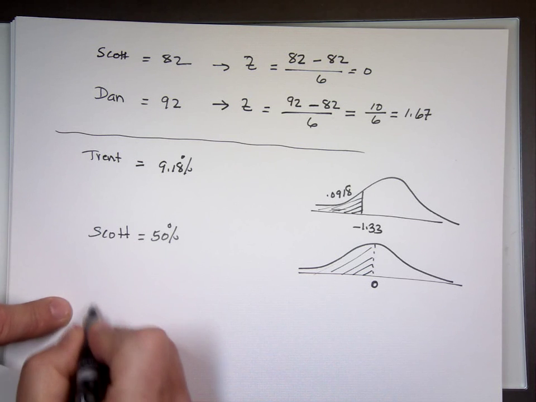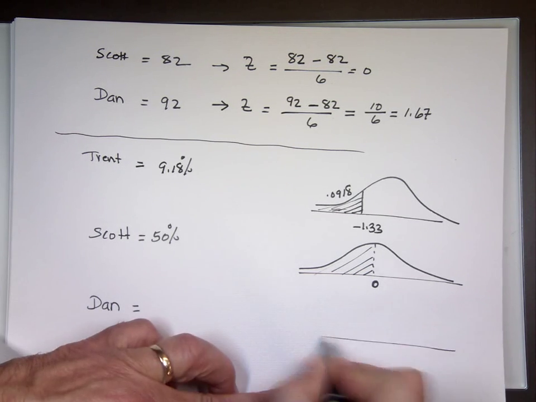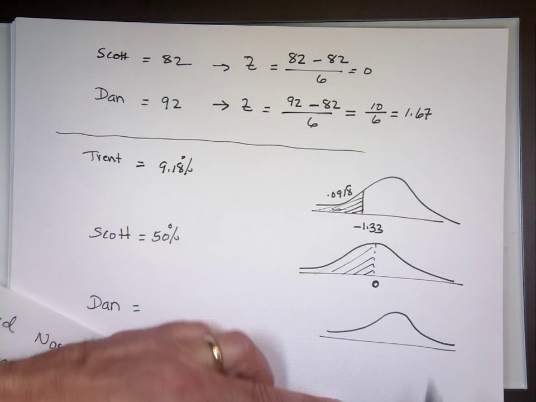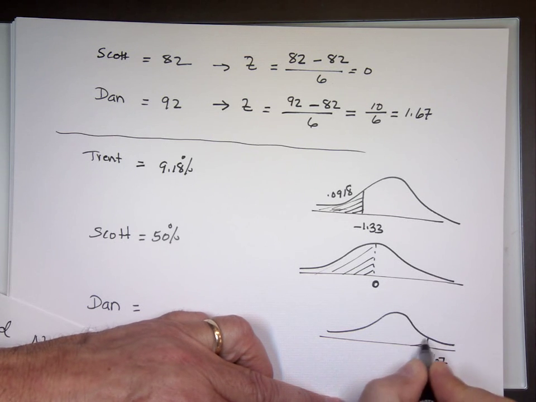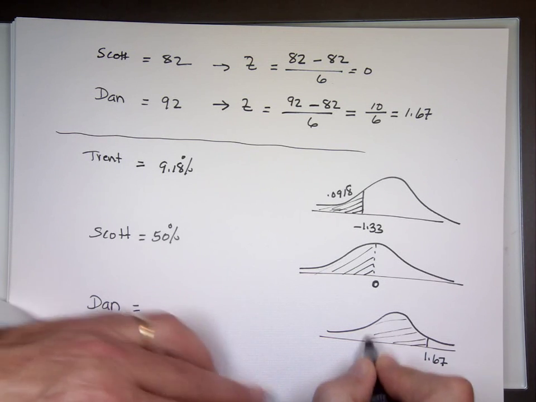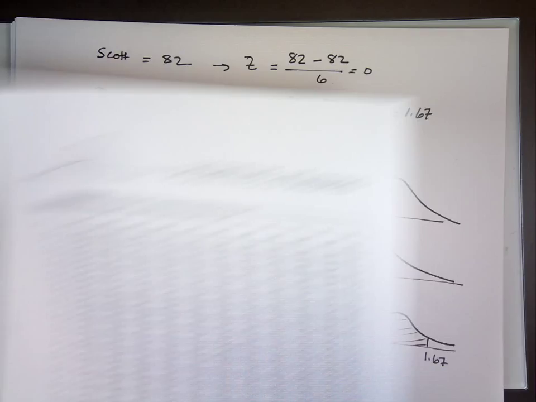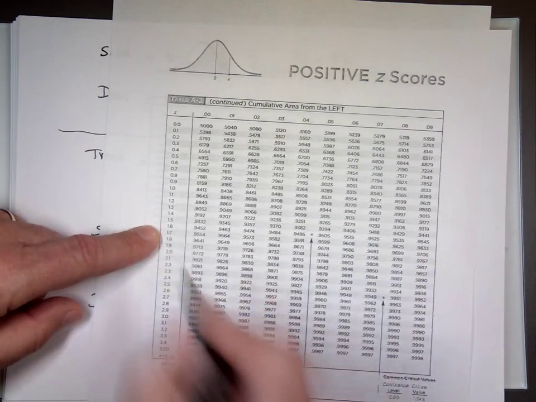Now, Dan's score was what? 1.67. Let's see what percent of the students scored below his score. Now I have to use the positive z-score, not the negative. So I'll find the positive z-score and look for 1.67.